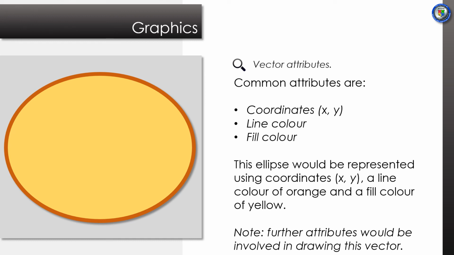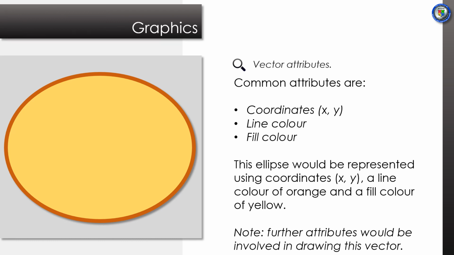Each vector object will have an associated set of attributes. Examples are coordinate points x and y, line colour, fill colour, line style, line thickness, fill pattern. These are all examples of attributes. In this example we have an ellipse.